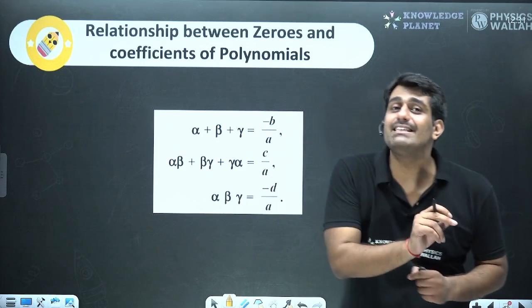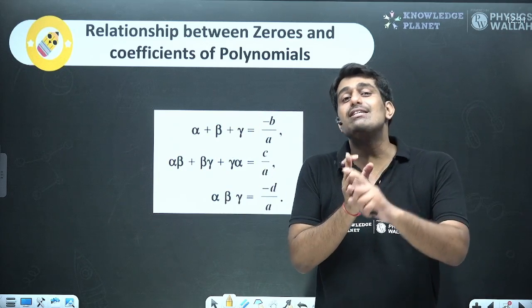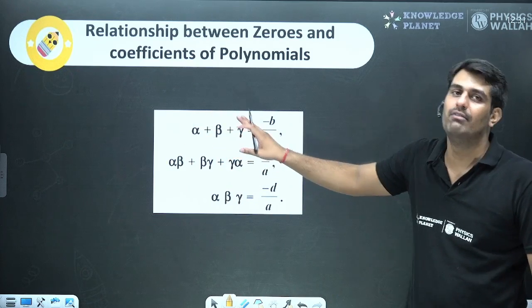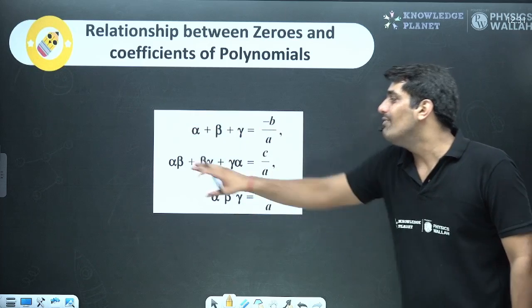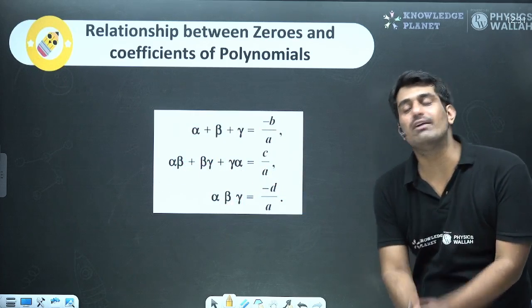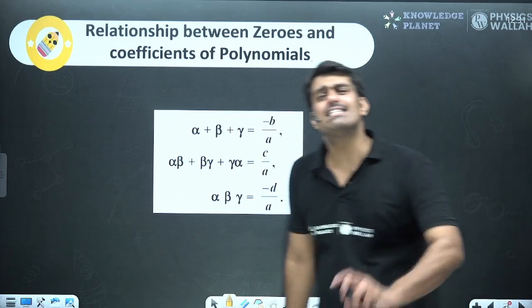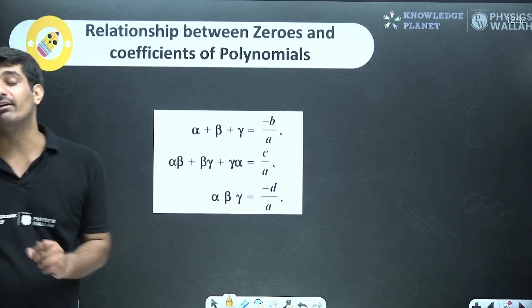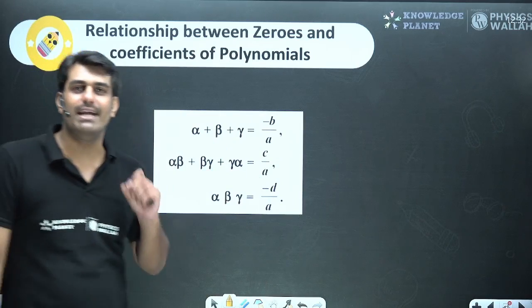When we have degree 3, the polynomial has 3 zeros, and these 3 zeros will be alpha, beta and gamma. When we do the addition, we get minus b by a. When we take the products two at a time, we get c by a. And simply doing the product of all three gives minus d by a. Take a screenshot of it. Again, questions will not be asked using this particular part. We are interested in only quadratic polynomials.